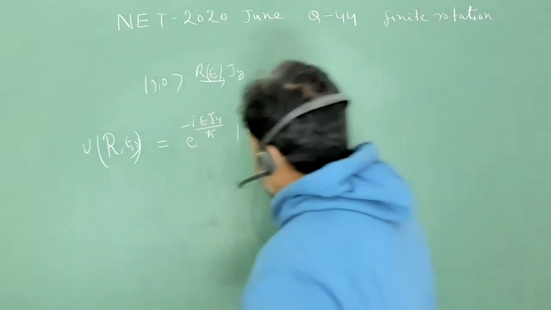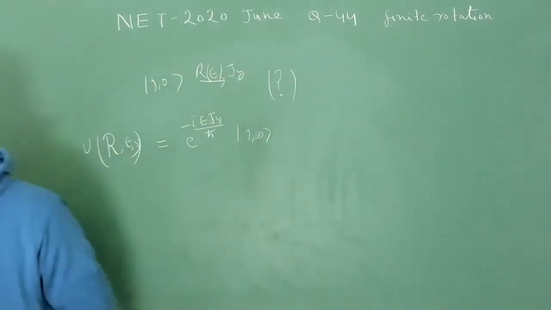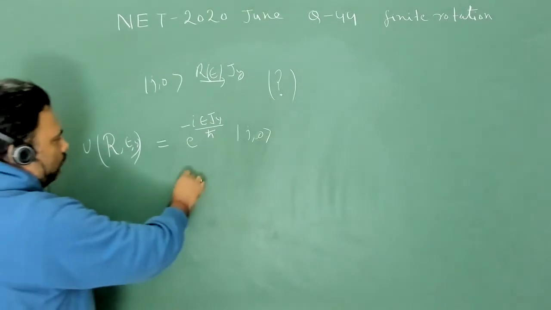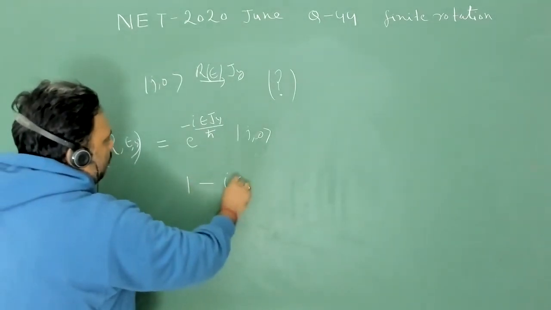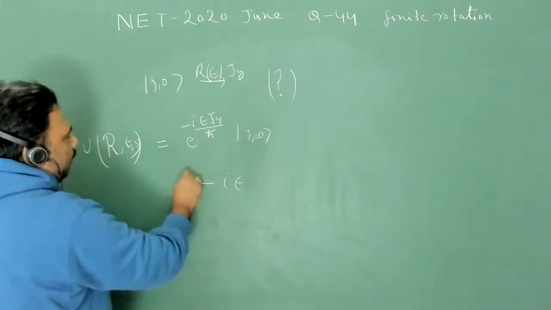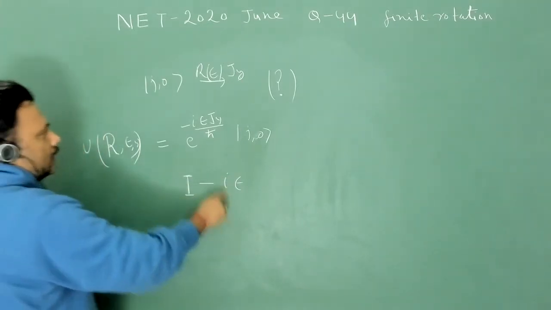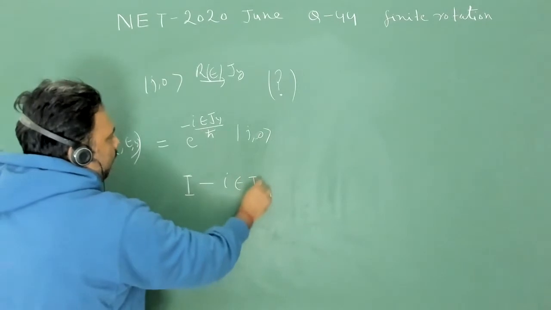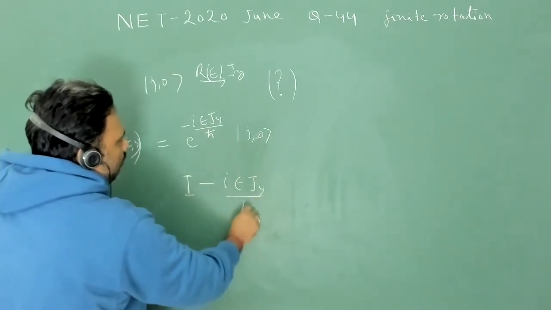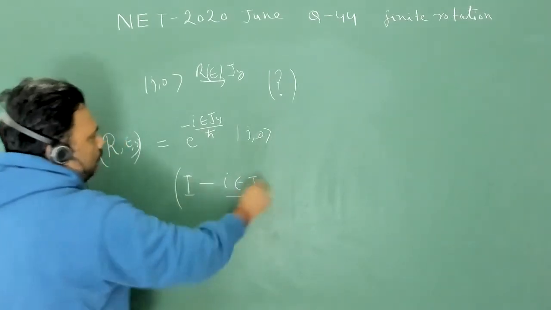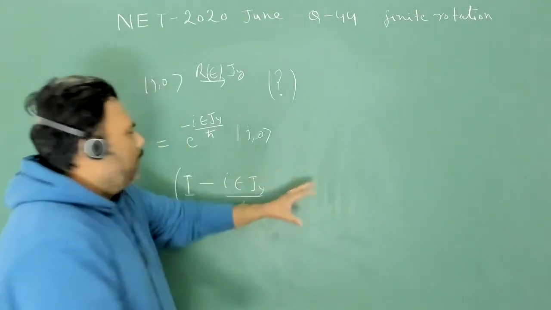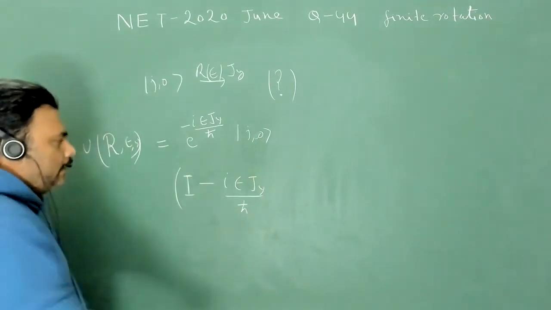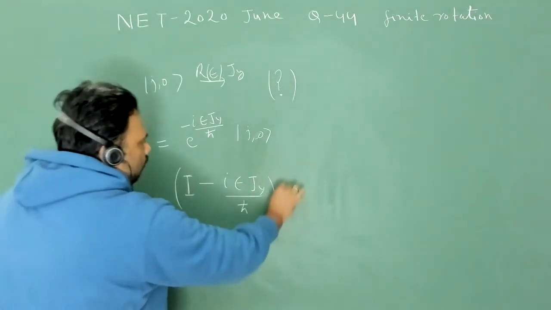When we do the Taylor expansion, we will get 1 minus i epsilon Jy upon h cut, where the 1 is the identity. This is up to order of epsilon, and the next terms are higher order in epsilon, so we can neglect them.